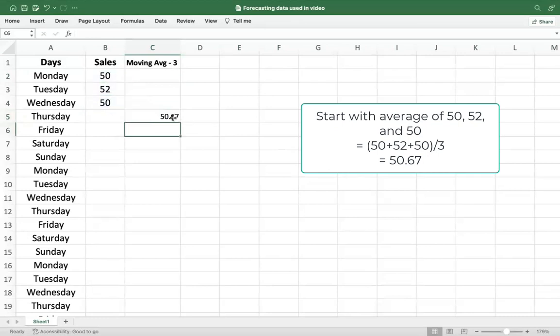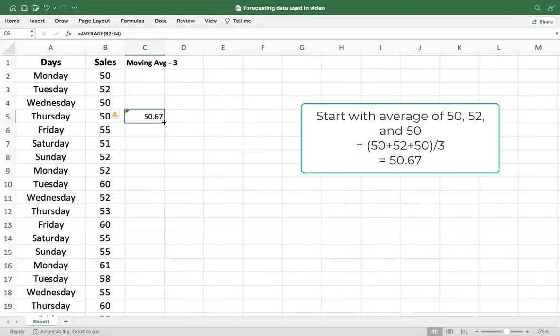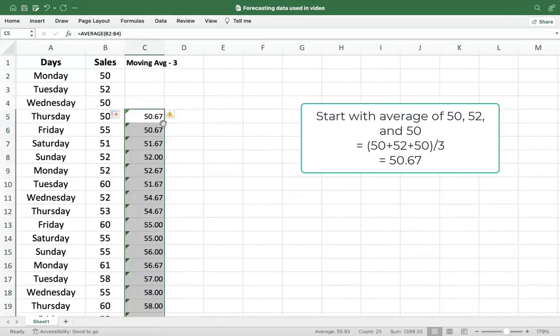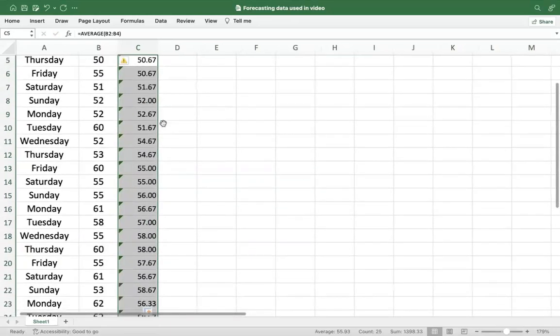That's 50.67. Now, in the same way, we will develop this whole series. You can drag it down and this will give you the forecast for the whole column.